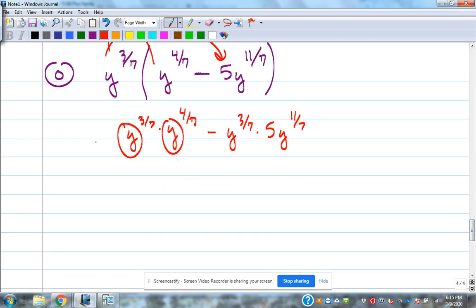Y and y, I can add those together. What's 4 plus 3? 7. So that's going to be y to the 7/7 or y to the 1 first power, right? And then this one, we got 3/7 and 11/7, which would be 14/7, which is 2. So we've simplified it just by adding those exponents.